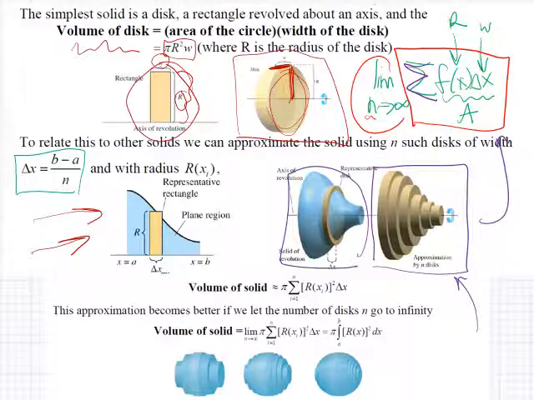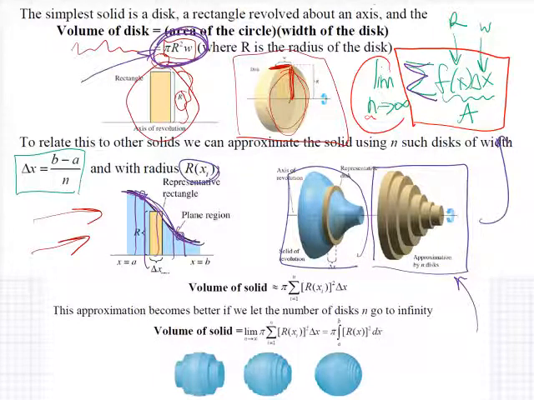Well, the volume of one disk, we said, is calculated using this formula. Now, r is the height of the rectangle. Now, there's not just one rectangle here, right? There are multiple rectangles, but each rectangle's height is based off of the function value, this function of x. We'll call it r of x.